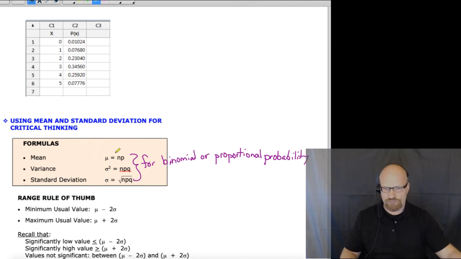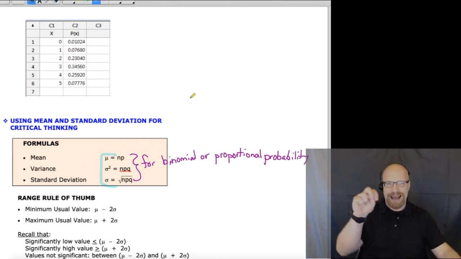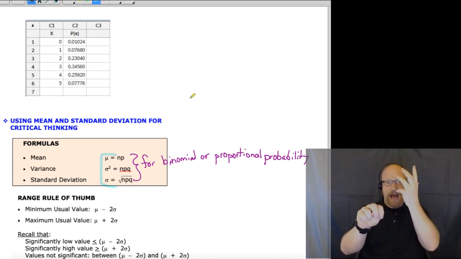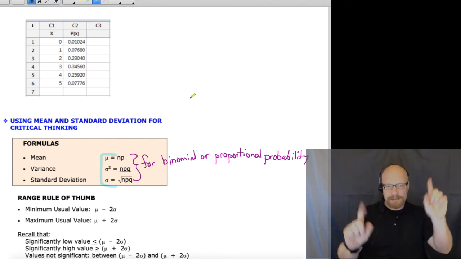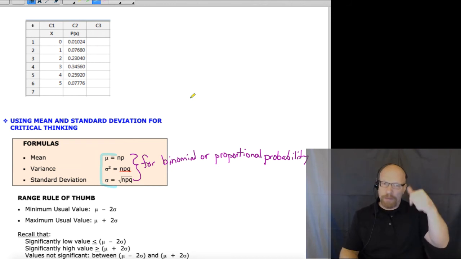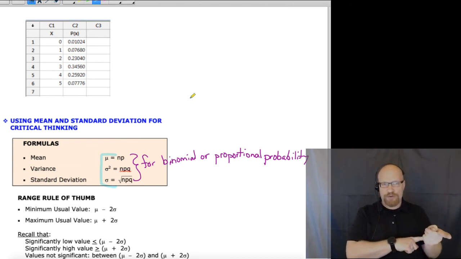Now, n and p: n is how many trials, p is the probability of success, and q, remember, is the probability of failure.